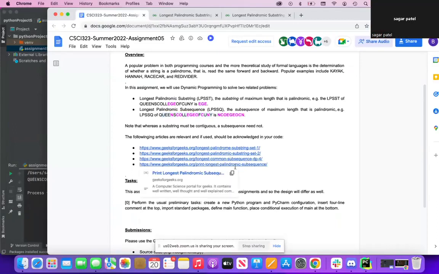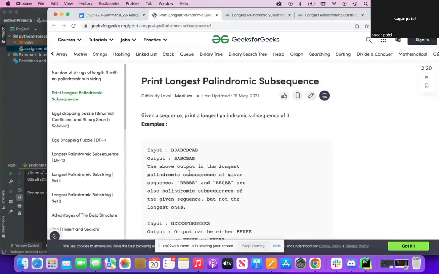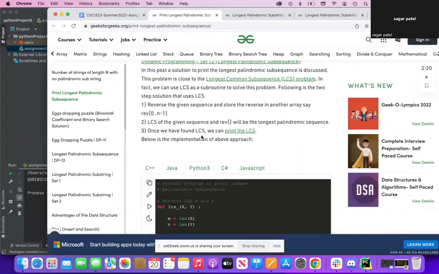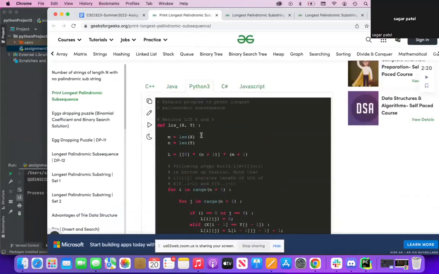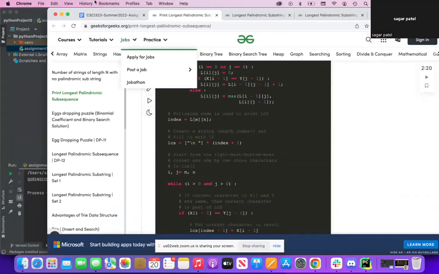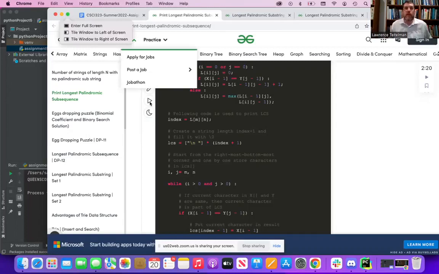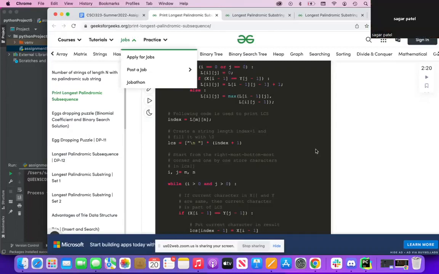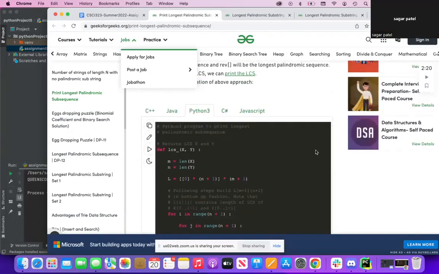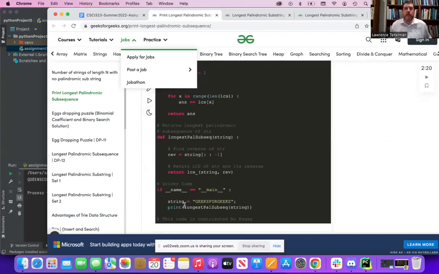Okay, my bad. The first one. Does this print it? No, that is, I'm gonna give you the... Okay, you could grab that code, that's fine.